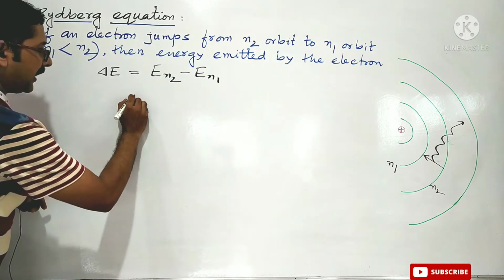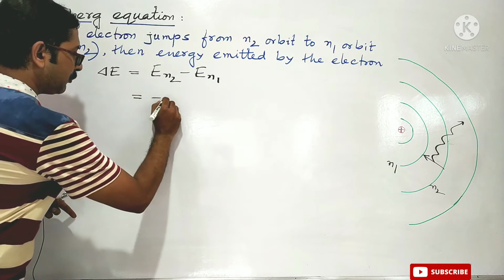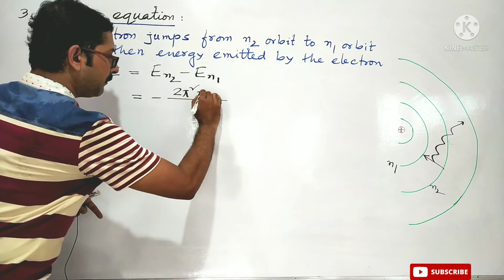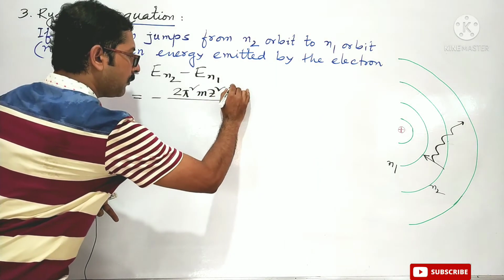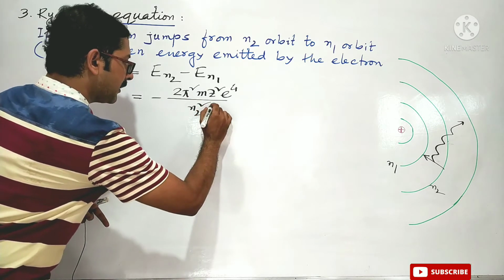And as we know from the expression of energy, this one is minus 2 pi square m z square e to the power 4 by n2 square into h square.